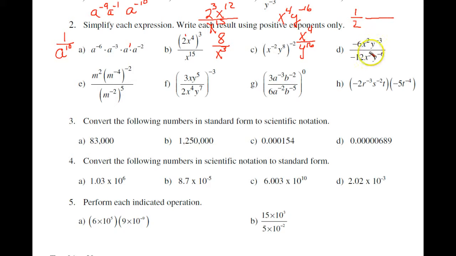So I'm going to bring the 2 down, and this becomes x to the third. I'm going to bring this up, and that becomes y to the positive 3 up there. As I bring this negative 6 up, it becomes a positive 6, and that should be my answer.